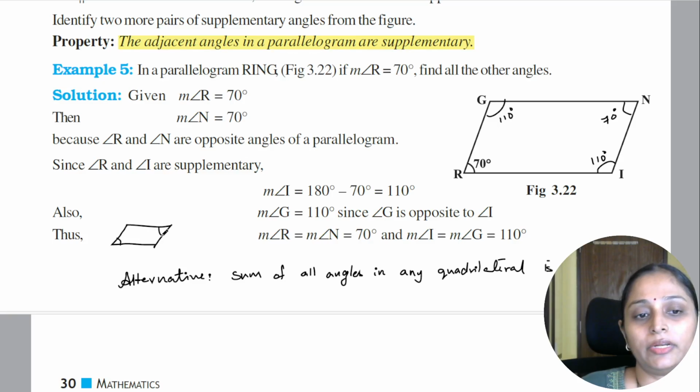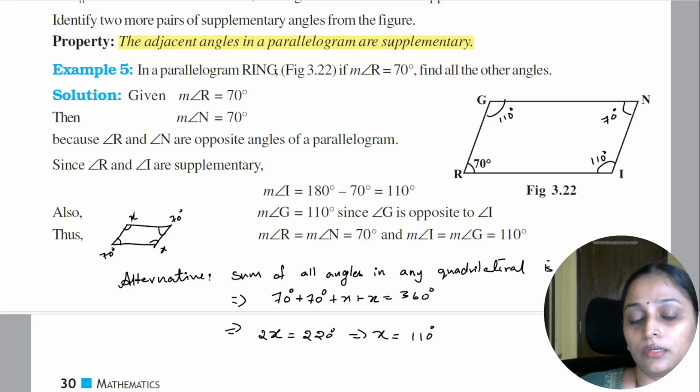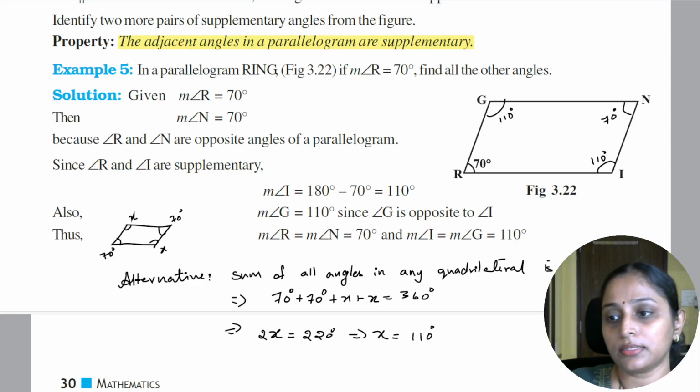I have this as 70. Let me take this as x. If this is x, this is also x. This is 70 and 70, right? So that means 70 plus 70 plus 2x is equal to 360. This means that 2x is 360 minus 140, which is 220. 220 implies x is equal to 110 degrees. This is another alternate method to find out the other two angles.